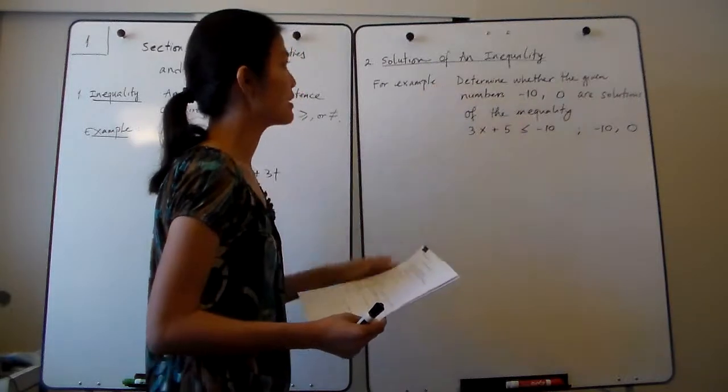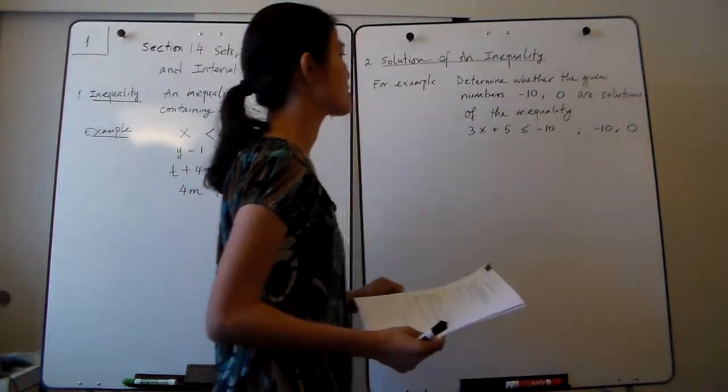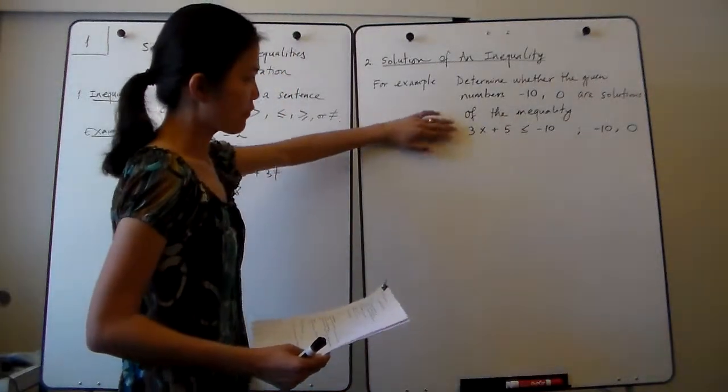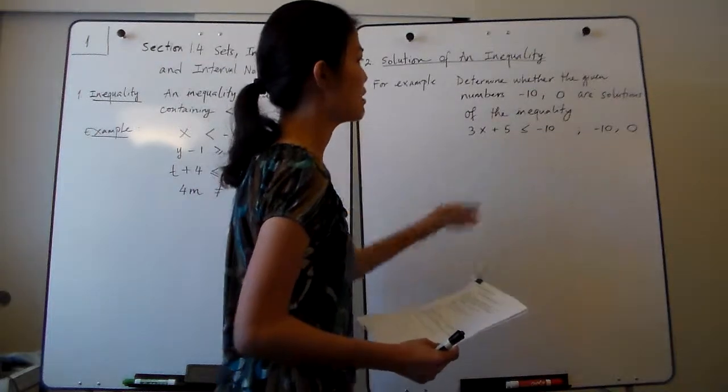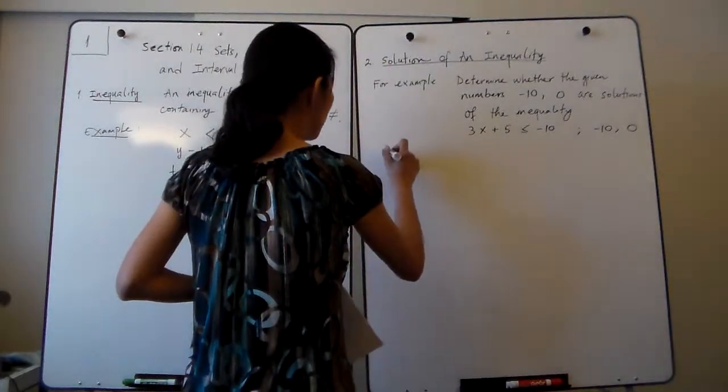Determine whether the given numbers negative 10, 0 are solutions of the inequality. Here the inequality is 3x plus 5 less than or equal to negative 10. So I will start with the first one.